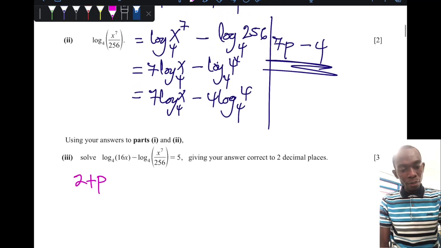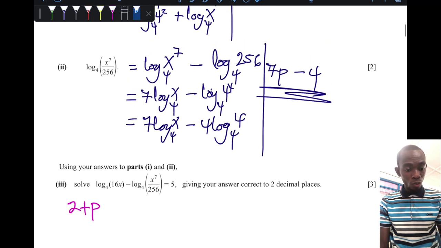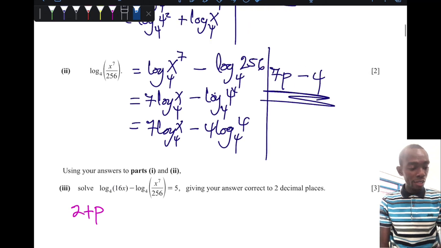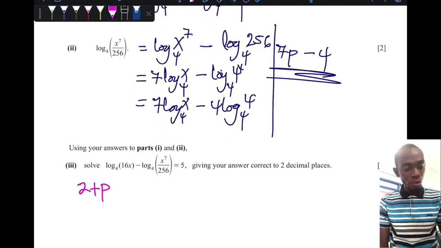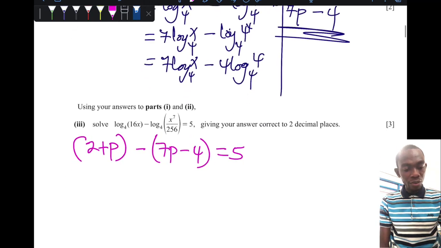How about this part? Log of x to the power 7 over 256 base 4. What is it? Well, we got 7p minus 4 as the answer. Okay, so we can do that. So we have this guy minus 7p minus 4. Everything equals 5. Then we can solve.